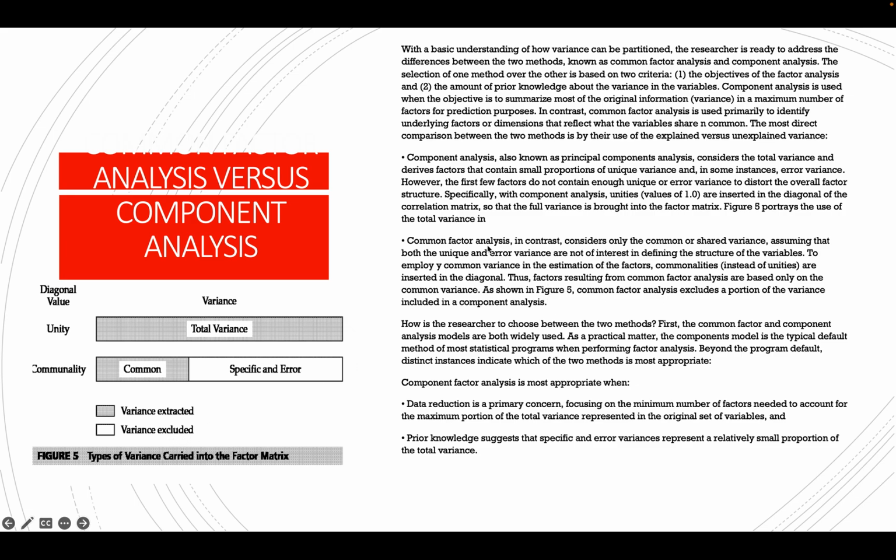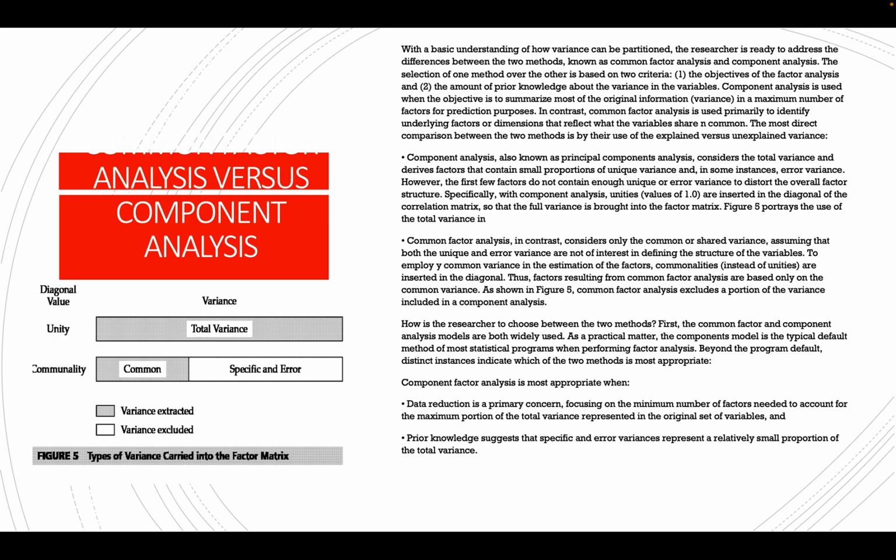Let's talk about common factor analysis. In contrast, it considers only the common or shared variance, assuming that both the unique and error variance are not of interest in defining the structure of the variables.